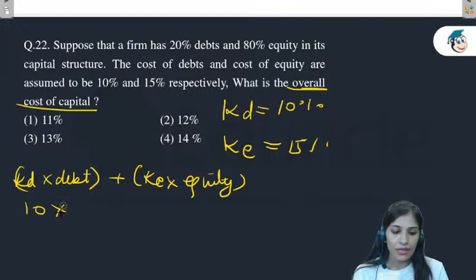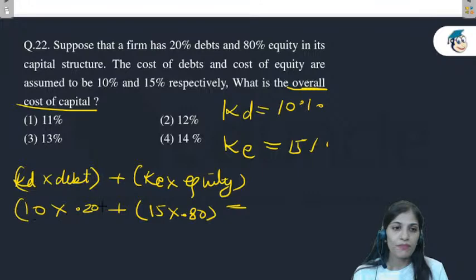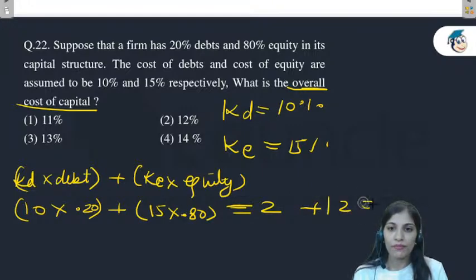So 10 multiplied by 20%, so our answer would be 2 plus 12, it is 14%.